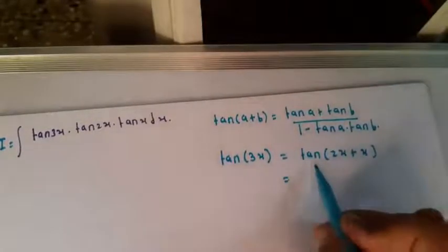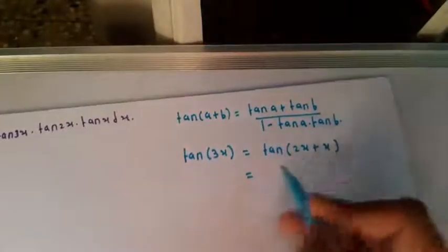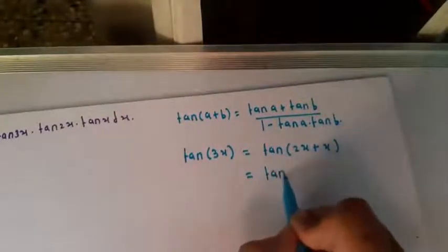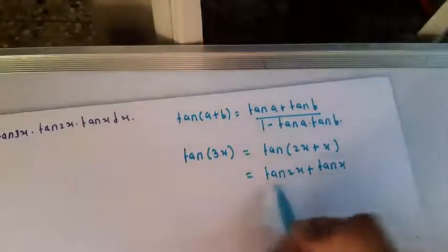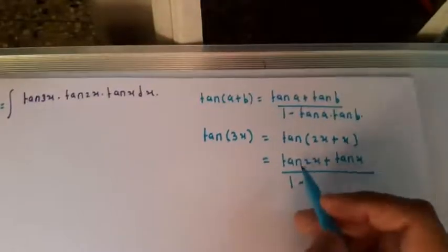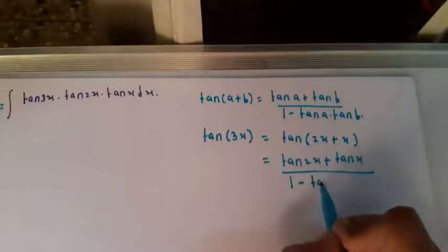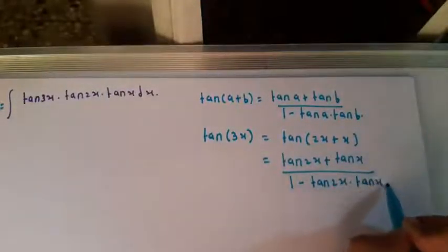And now by using our formula, tan of a plus b, that is tan of 2x plus tan of x upon 1 minus tan of 2x into tan of x.